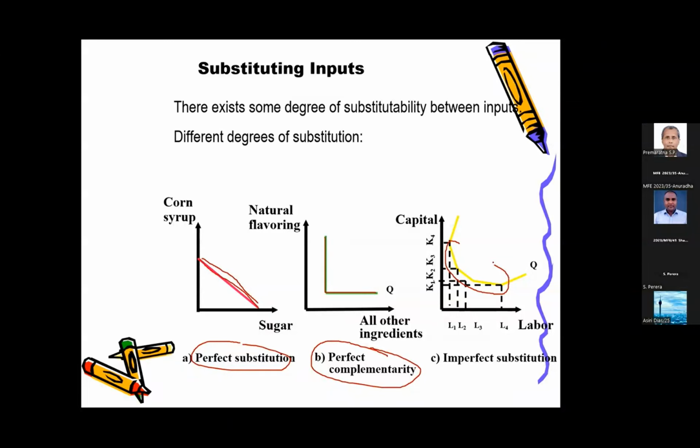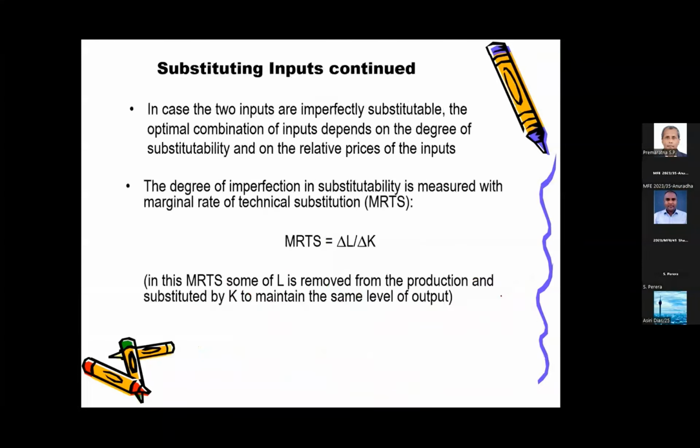But here, continuously I use imperfect substitution, where the isoquant curve is convex to the origin. On the negative side, you can see the slope is negative. So that reflects the law of diminishing returns. Now, one of the most important things to understand about the isoquant curve is its slope.